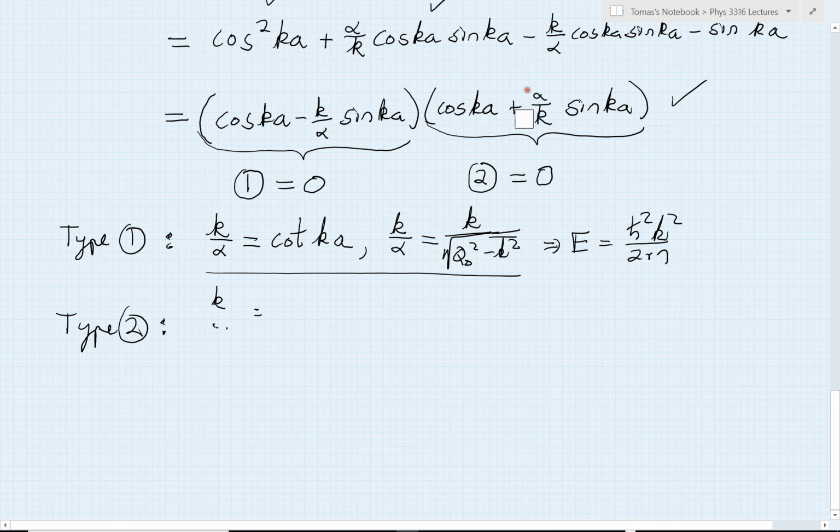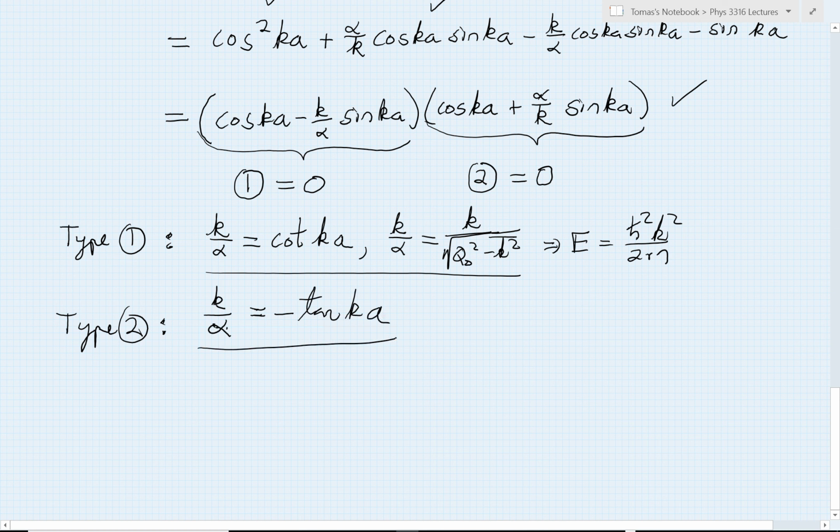Then I have to move alpha over k to that side, which means I'm dividing by cosine. So I find that k over alpha is sine over cosine with a minus sign, because when I put the cosine over here, I generate a minus sign. That becomes minus the tangent of k times a.